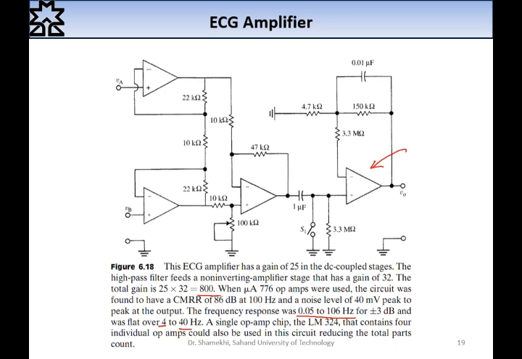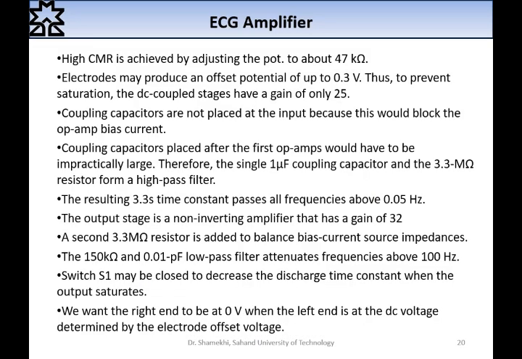Read it in detail, check the parts, try to calculate the gains generated by each op-amps, and in abstract, read the description related to this figure. And also you can read this text related to that figure.